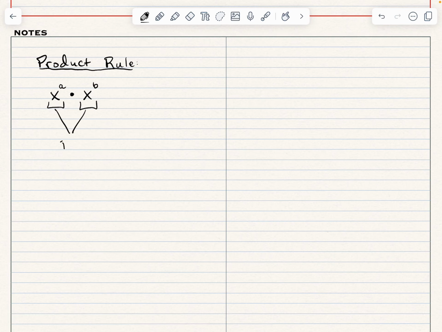Now, the x's that are raised to a power are going to be called our base, and the a and the b are our exponents. And there is a multiplication sign in between them. So you have a base of x, you have an exponent of a, and a multiplication sign in between them. That goes with the product.